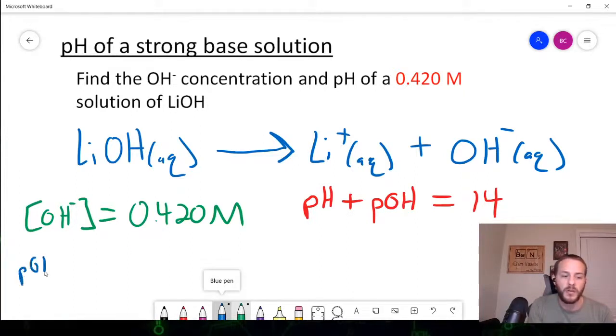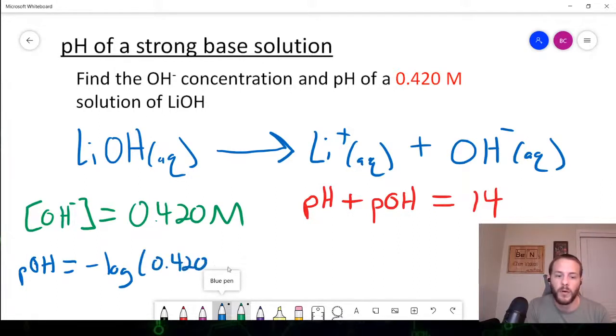So pOH is simply the negative logarithm of the hydroxide ion concentration, which of course we just established is 0.420 molar. So the negative log of 0.420, what is that?